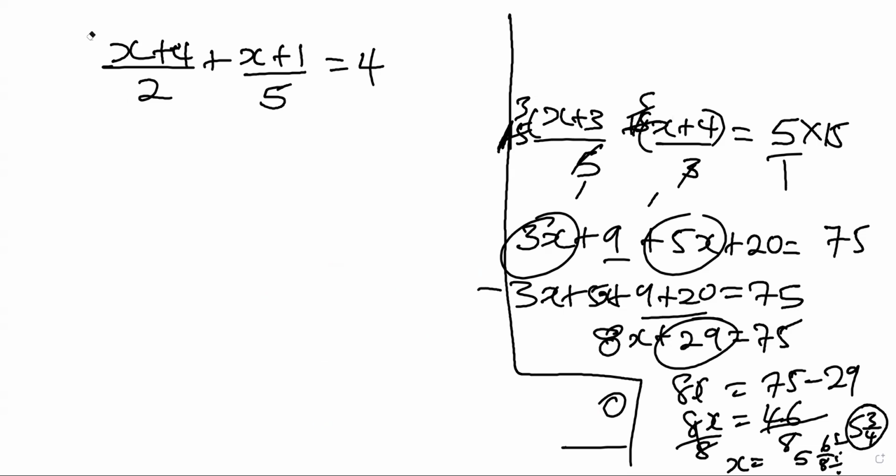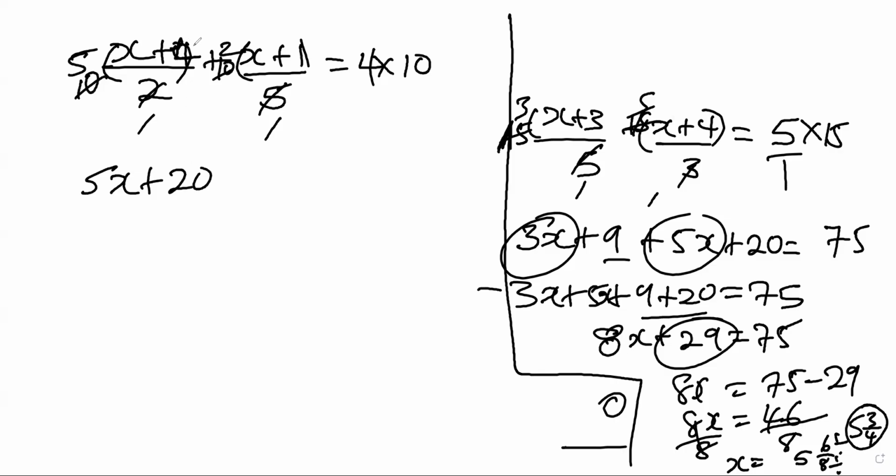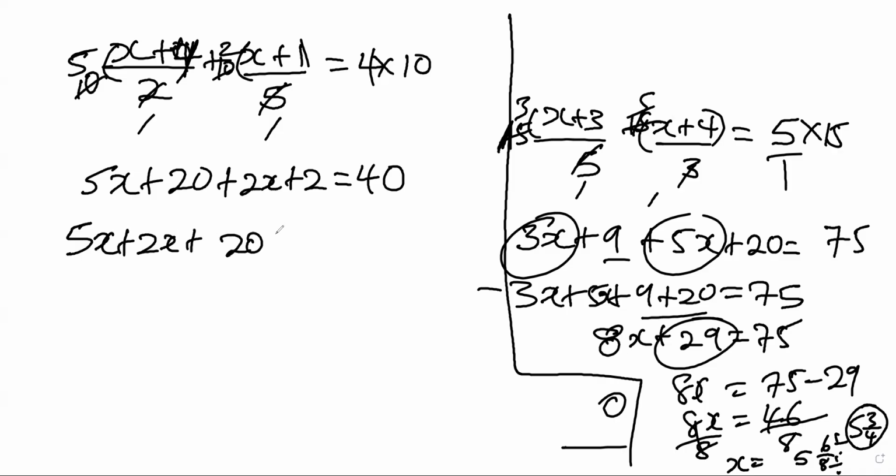So the LCM is 10, so multiply through by 10, to get rid of the fraction. 5 times x, 5x. 5 times 4, 20. 2 times x, 2x. 2 times 1, 2. And then 4 times 10 is 40. We group like terms. So it would be 5x plus 2x plus 20 plus 2 equals 40.